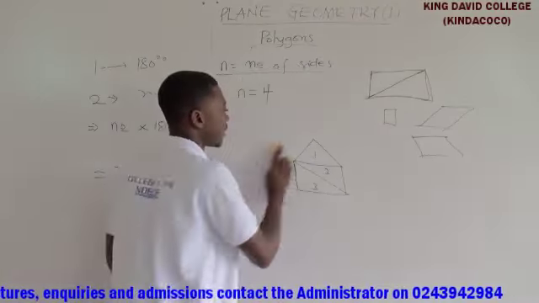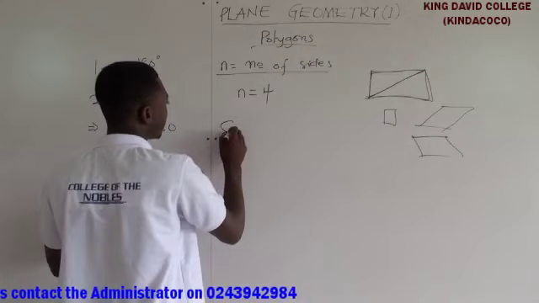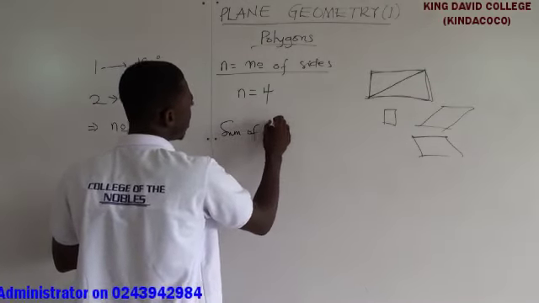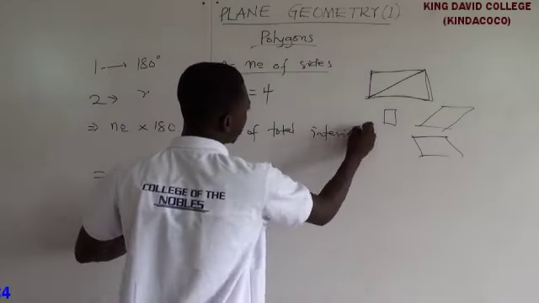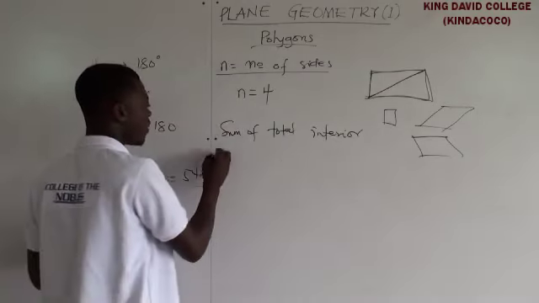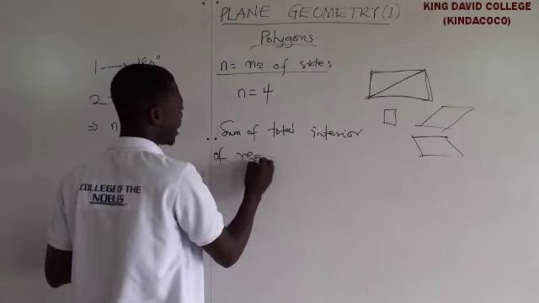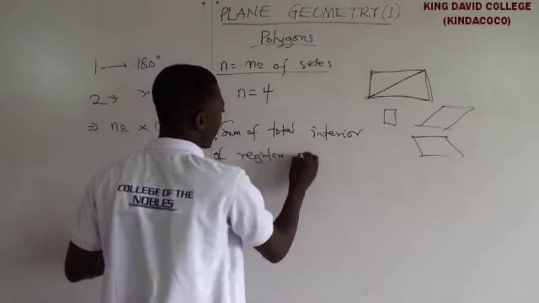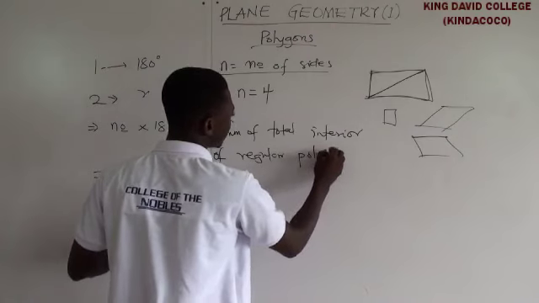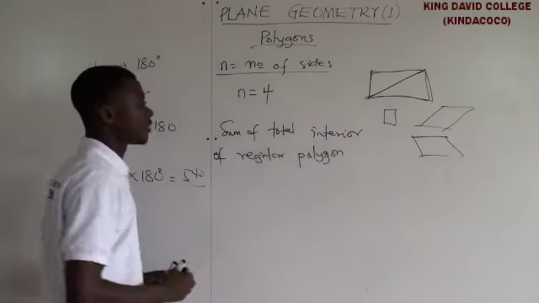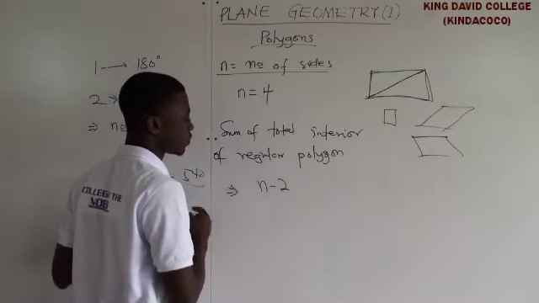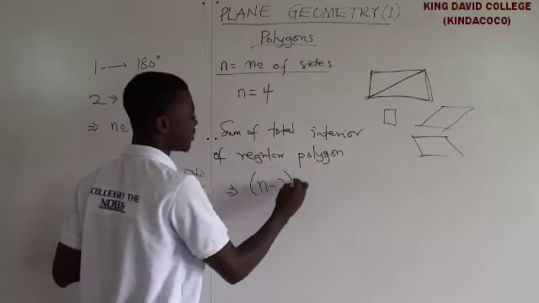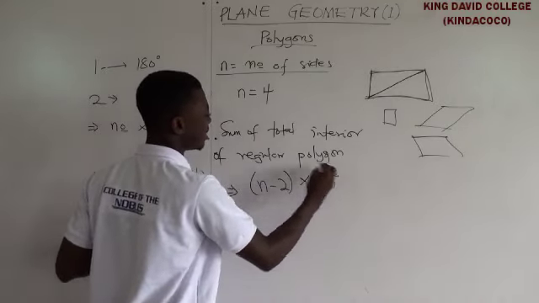So if we know the number of sides, then the sum of the total interior angle of a regular polygon is n minus 2, times 180 degrees.